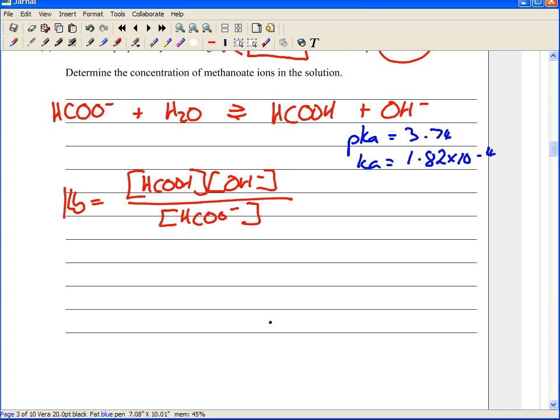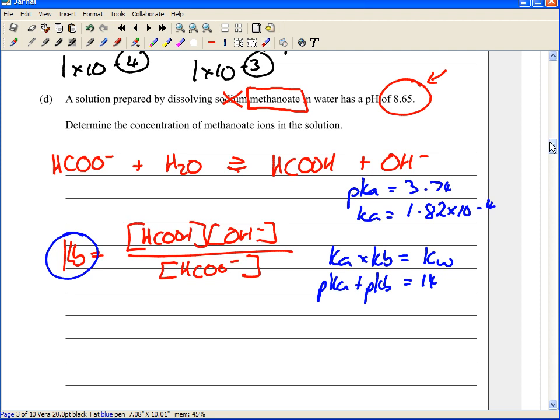Right. One thing I must remember also is that Ka times the Kb is equal to the Kw. Or I could say the pKa plus the pKb is equal to 14, which is the pKw. Cool. Right. So I know this. I also sort of know this guy here because I know the pH, therefore I can work out what the H plus concentration is.